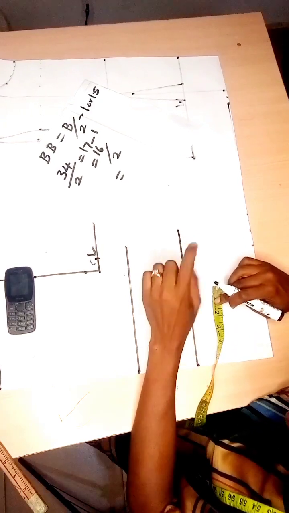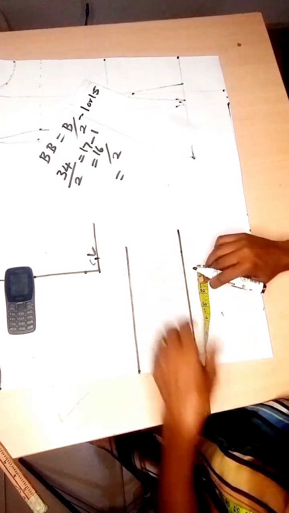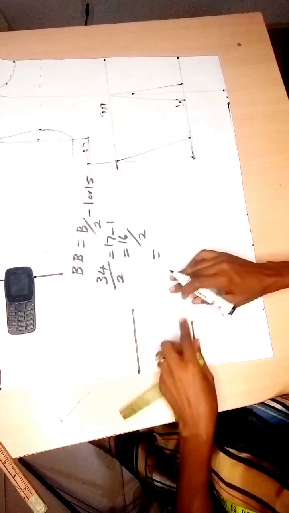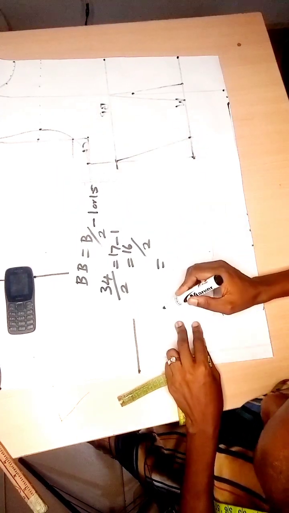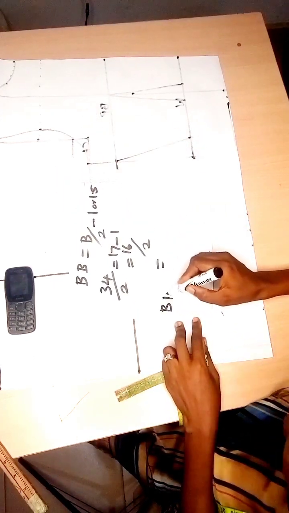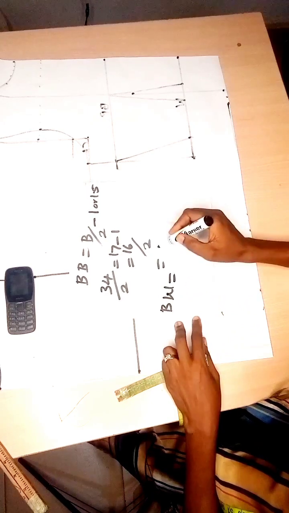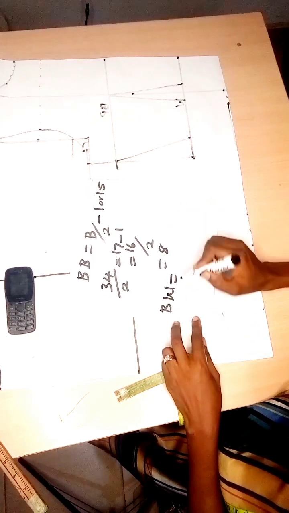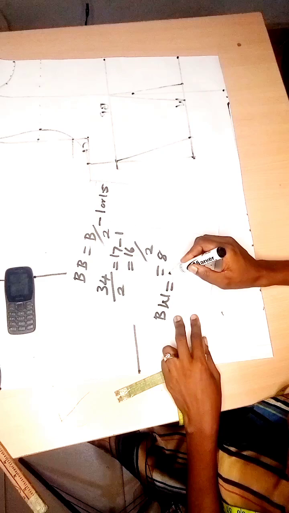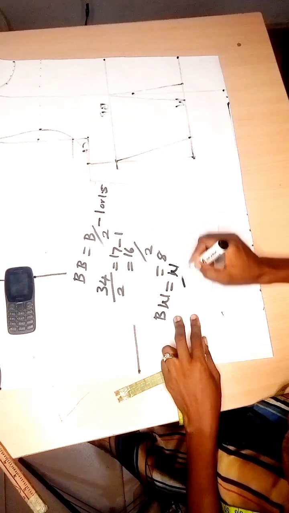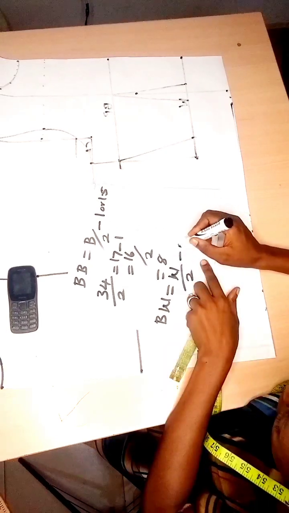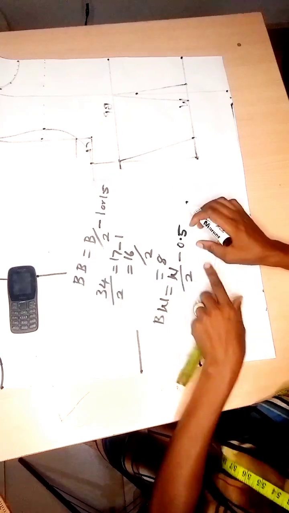Now we're going to impute our waist measurements. Same formula we're going to use. Our BW, which is our back waist, is equal to waist divided by 2 minus 0.5.